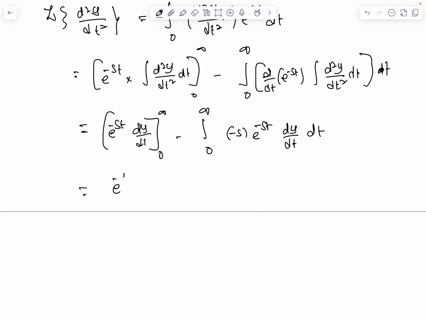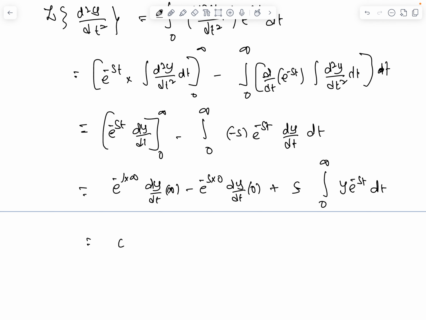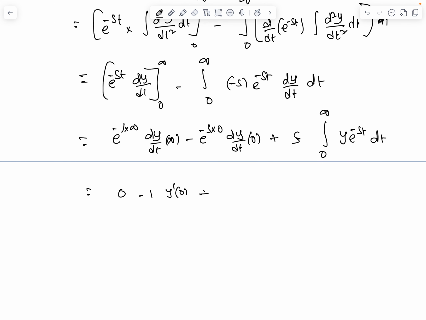This is e power minus s as t tends to infinity, dy by dt at infinity, and minus e power minus s into 0, dy by dt at t equal to 0. Minus into minus is plus the integral from 0 to infinity of y into e power minus st dt, and this is equal to 0 and minus 1 times y prime at 0. I am writing dy by dt as y prime, plus s into, you know what this term is?